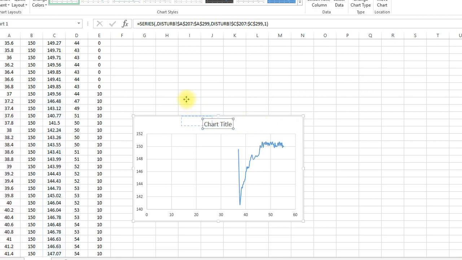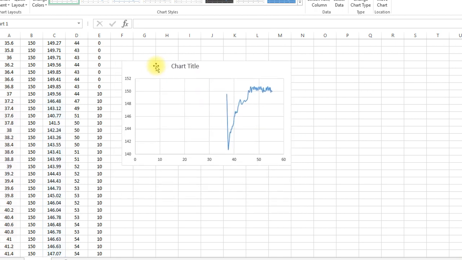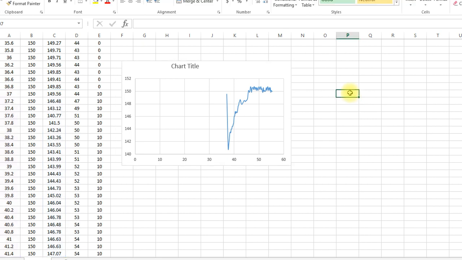So now you can see this graph. There is an immediate drop because of this disturbance, and then it is coming back to the set point. So it is rejecting the disturbance, and it is taking some time to put it back to the set point.